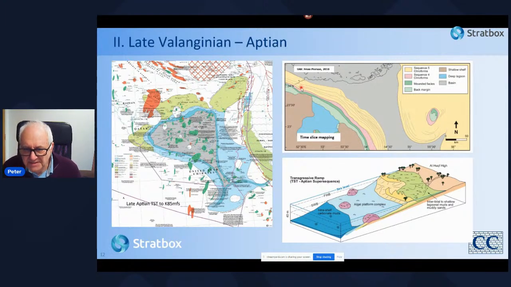These can be mapped in great detail on seismic, particularly the more detailed higher order cyclicity involved in the progradation of the margins of the Bab basin, which can be shown nicely on seismic.